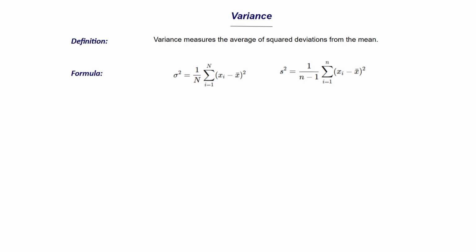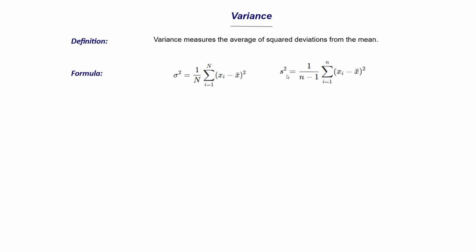If you're working with all these 1,000 data points, finding the variance with all these 1,000 values, then you divide by n, which is the total number of values. But let's say that you're taking only 200 people or 200 data points as a sample from the data set, you would divide by n minus 1, where n is again the total number of values in that particular sample. So that's what this n minus 1 is.